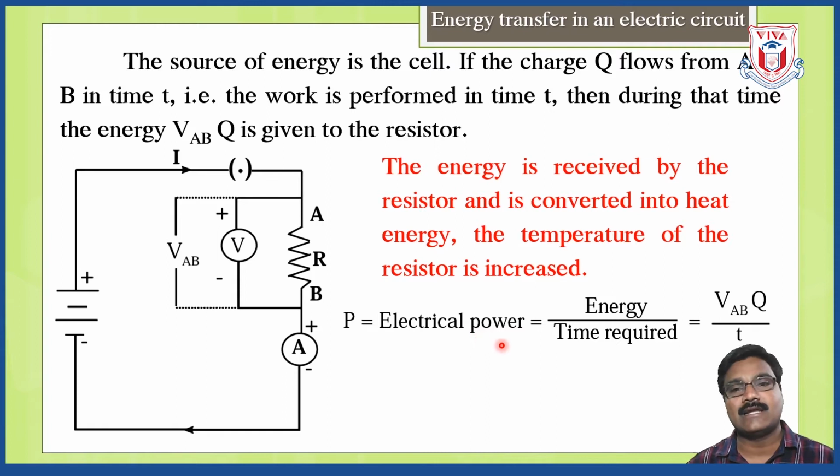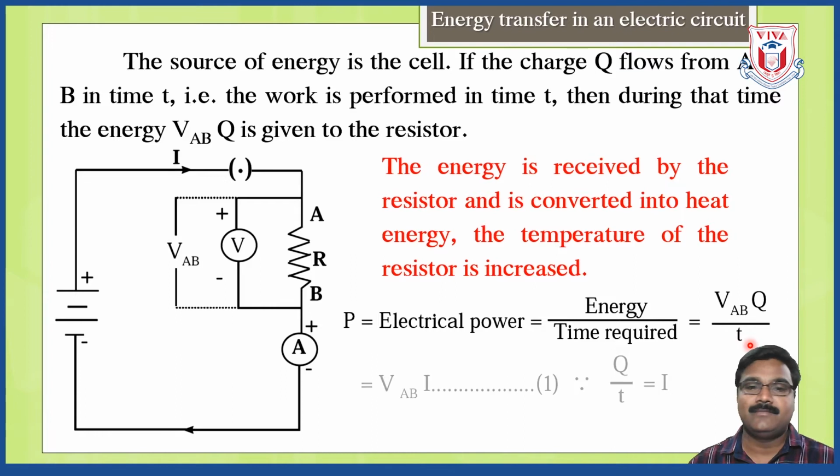The power can be given by P, electric power, is equal to energy upon time required, which is VAB into Q upon t, and VAB into I, where Q upon t is I, that is the rate of flow of charge.